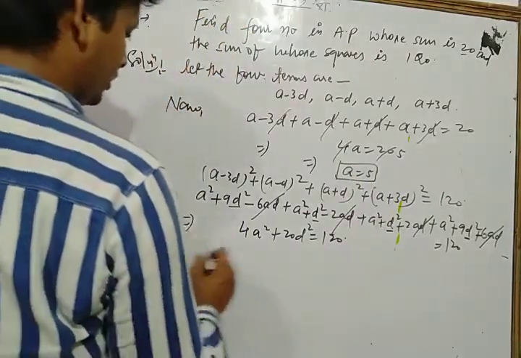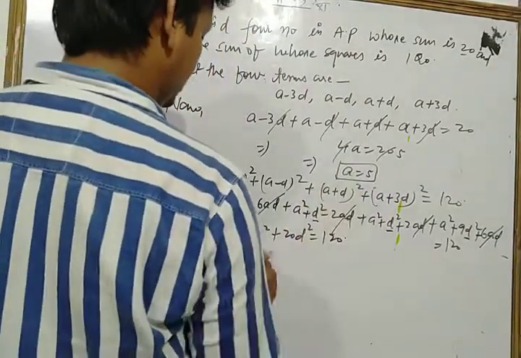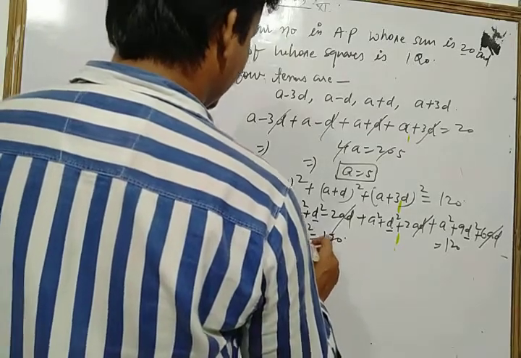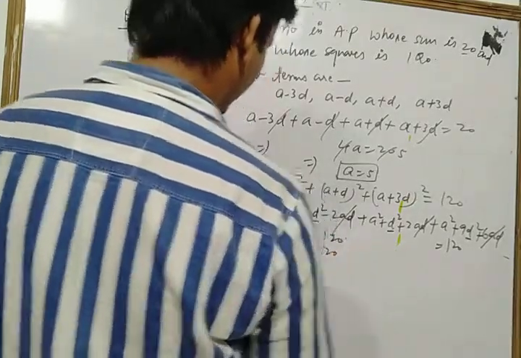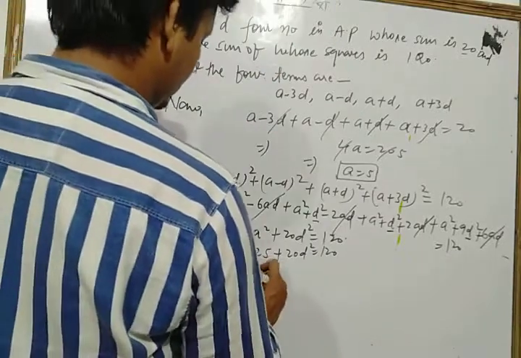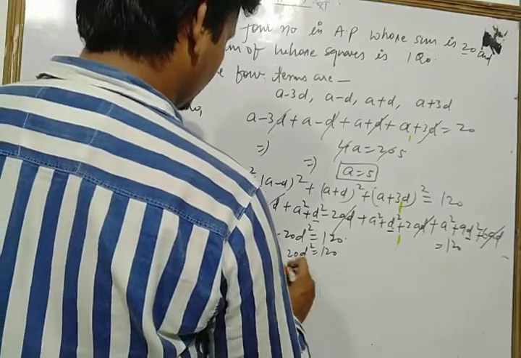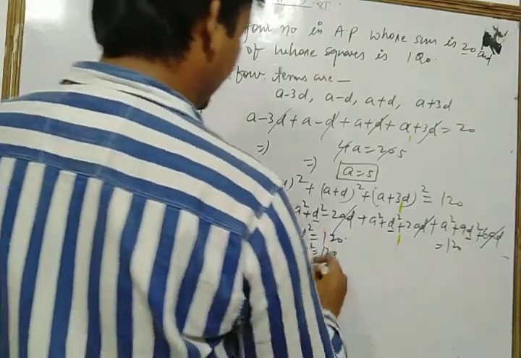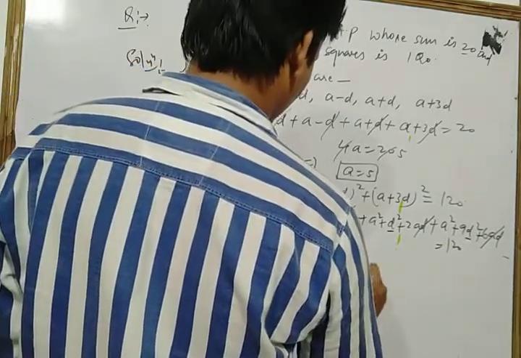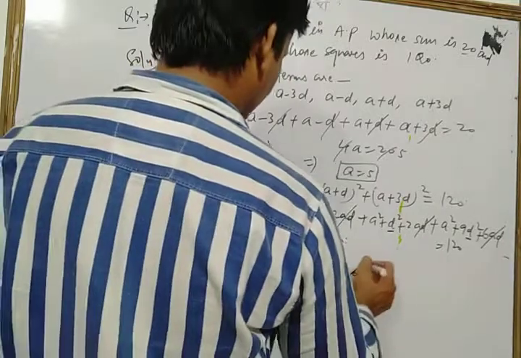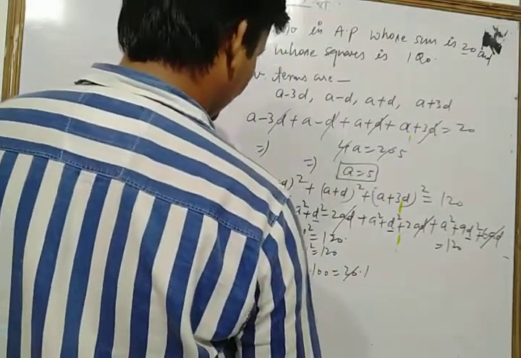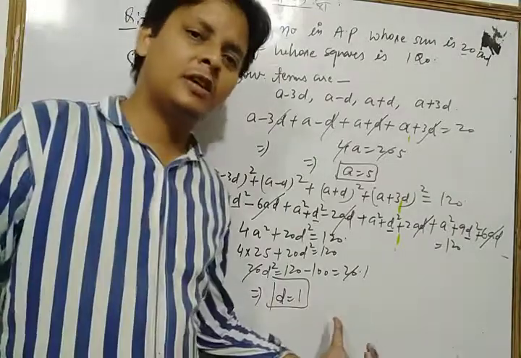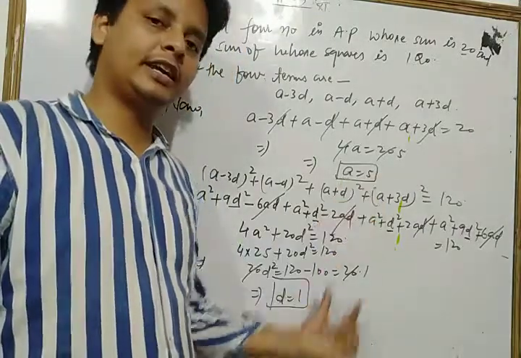So we have 4 times 25, which is 100, plus 20d squared is equal to 120. So 20d squared is equal to 120 minus 100, which is 20. So 20 cancels, and the value of d squared is 1. Plus or minus 1, we take plus 1. Now we have found the values of a and d.